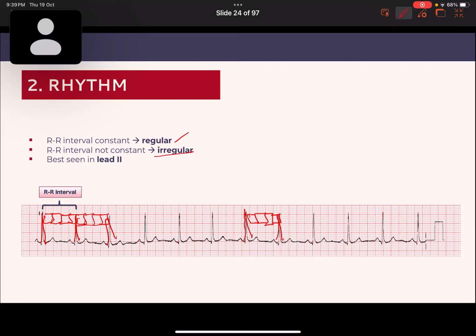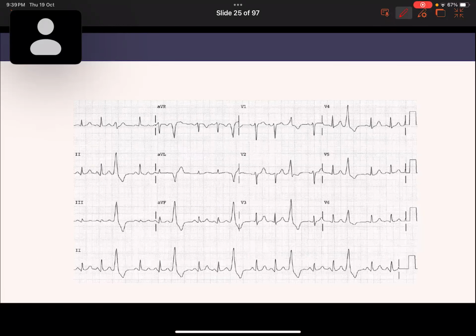The best place to see the rhythm is going to be in your lead 2, which is the rhythm strip, basically. So let's do a small exercise. Can anyone figure out if this is a regular or an irregular rhythm? Or do you guys want me to demarcate it?